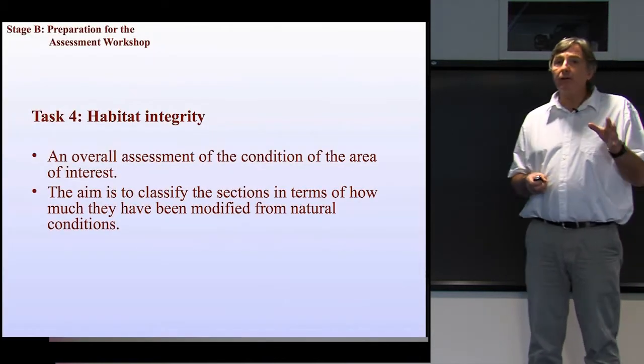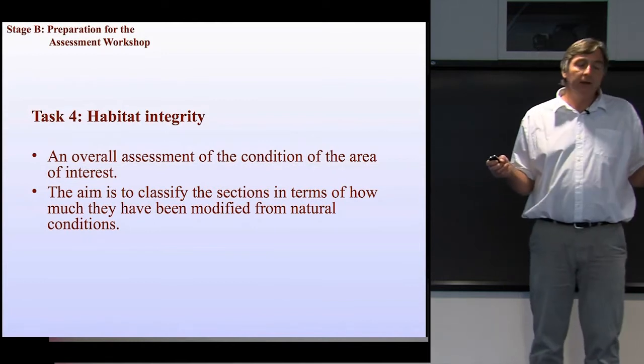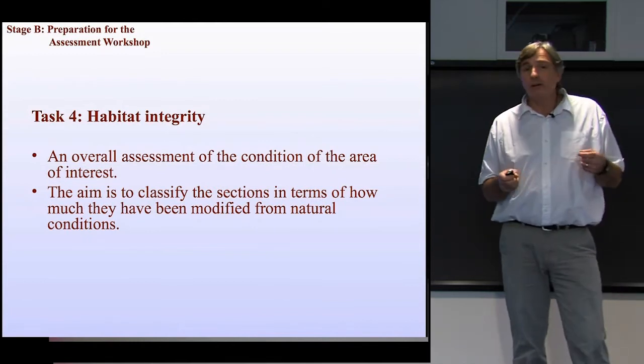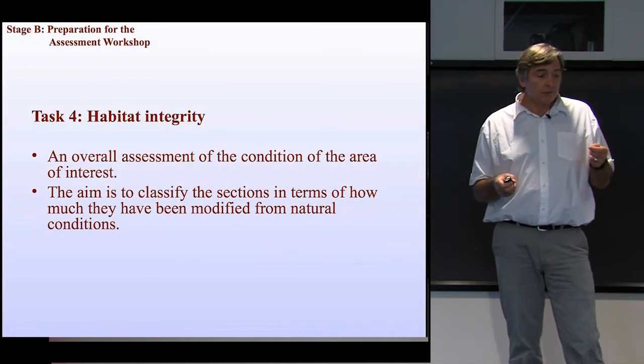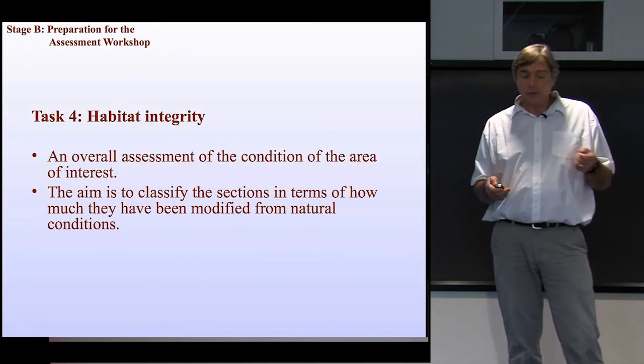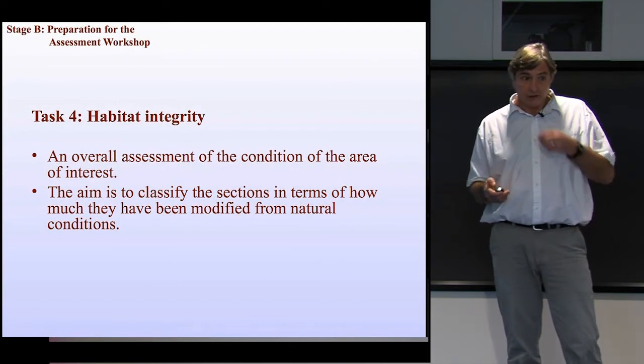Okay, habitat integrity is really an overall survey of the condition of the section of the river of interest, and the aim is to classify the section in terms of how much they've been modified from natural conditions.